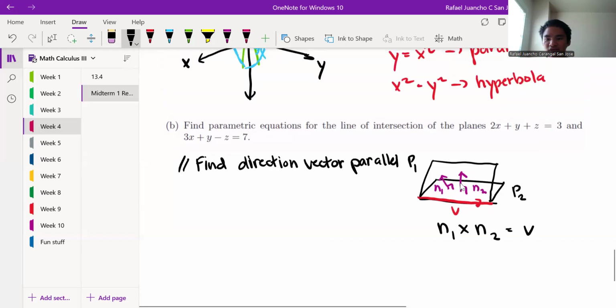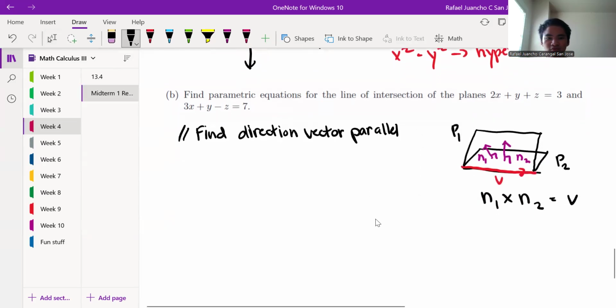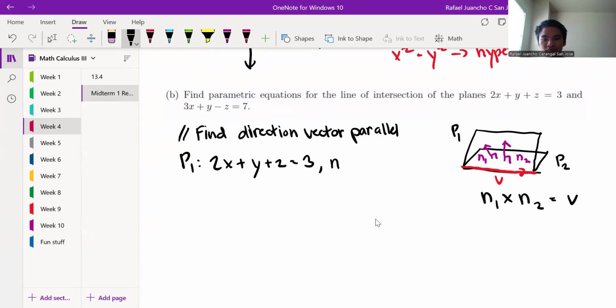Okay, so how do we get our N1 and N2? So maybe what we can do here is, we see that plane 1 is my first thing here. And so my N1 is basically 2, 1, 1, right?